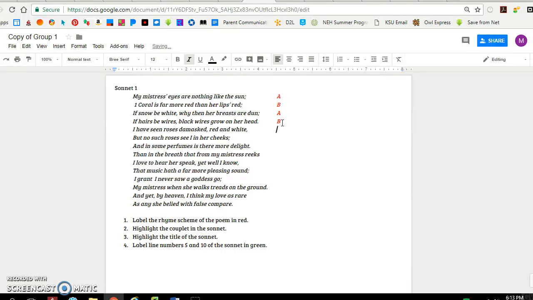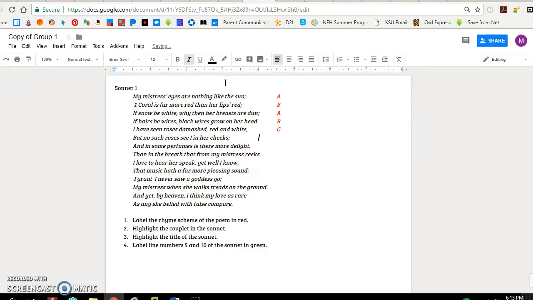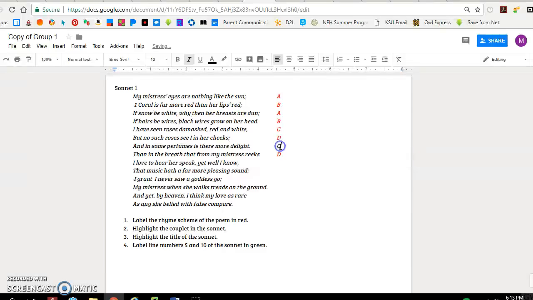It's going to be AB, AB, CD, CD. And that's for the first 2 stanzas. We also call the stanzas in these poems quatrains. You might want to note that on your notes, especially for your quiz and when you're writing that.